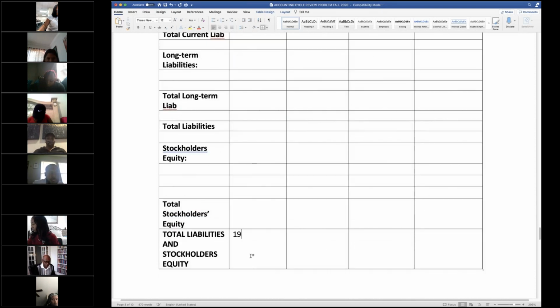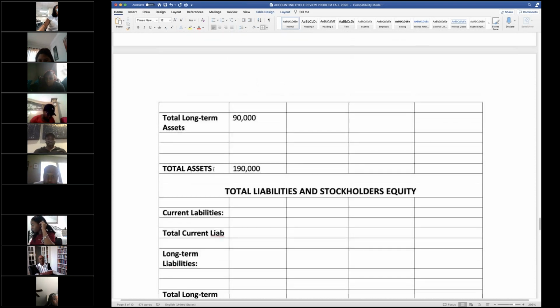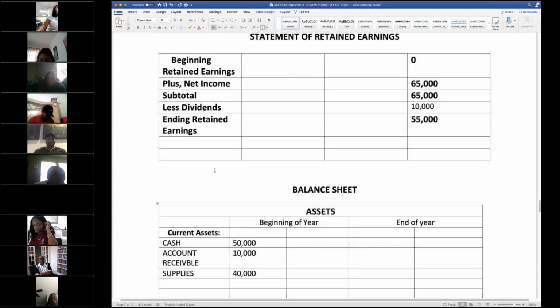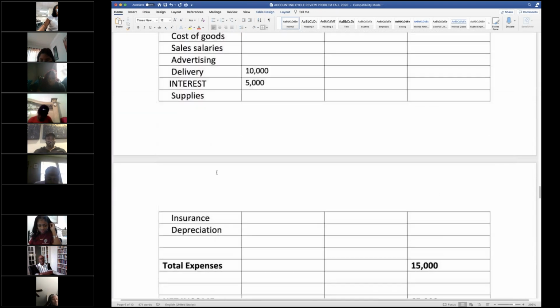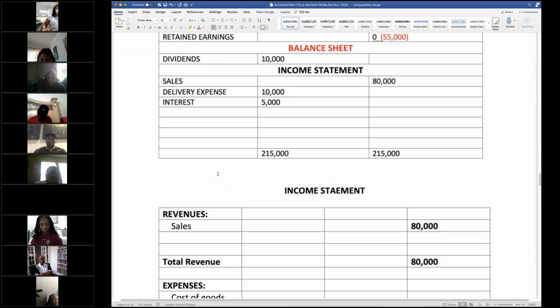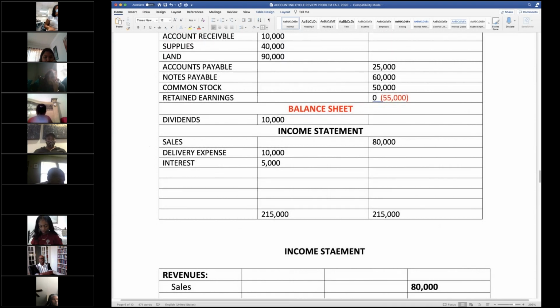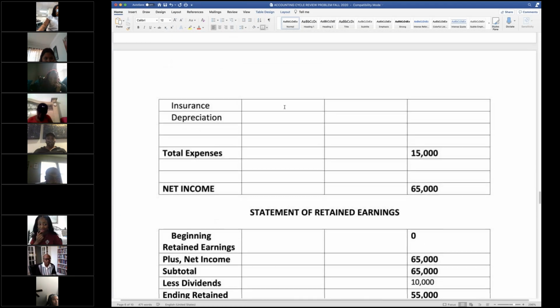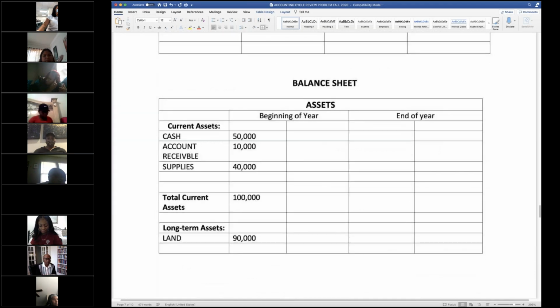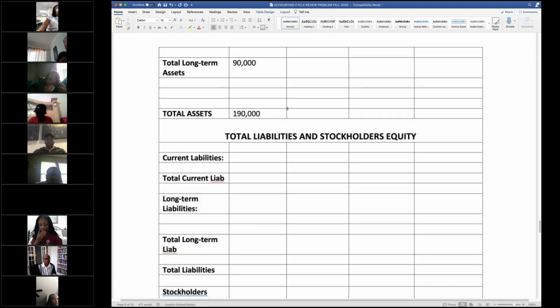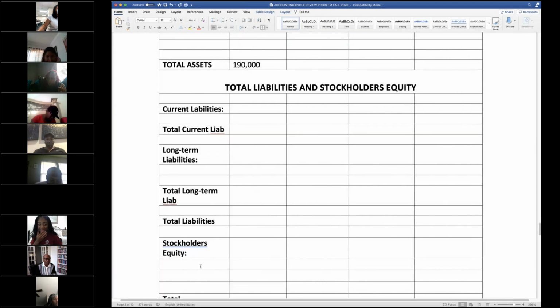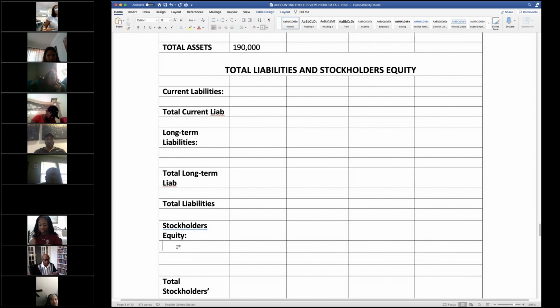Okay. So I can come up here and get my common stock. So stock goes in equity, common stock.